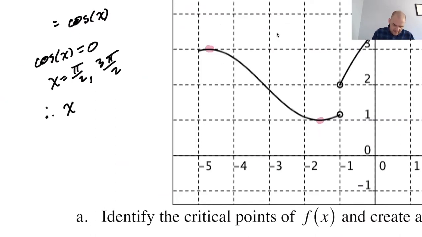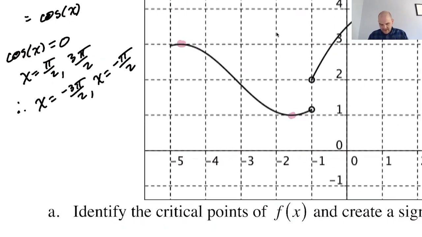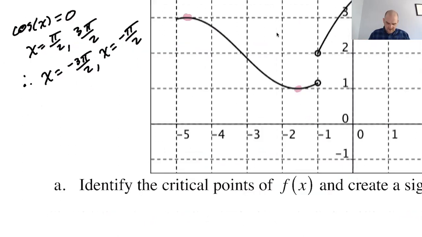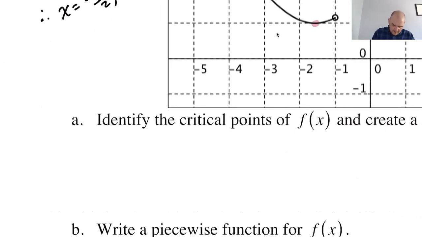Therefore, x equals -3 pi over 2, or x equals negative pi over 2. Do these make sense? Negative 1.5-ish? Yeah, these make sense. So these are our first critical points: x equals -3 pi over 2, negative pi over 2.